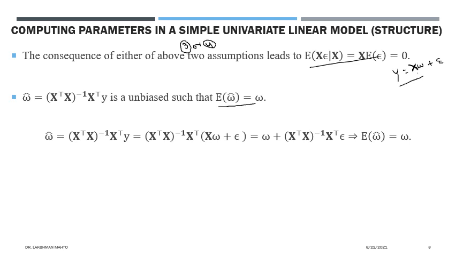In that perspective, y equal to x times w is not a consistent system. If it is not consistent, then we can't get an exact solution, so we have to talk about an approximate solution. That approximate solution is given by one technique, least squares estimation.